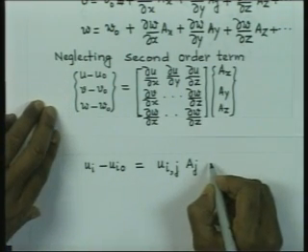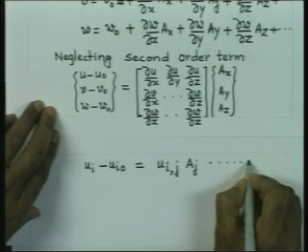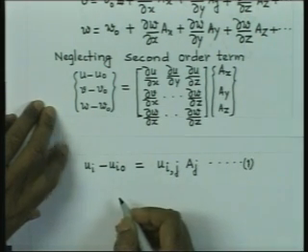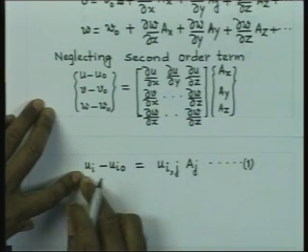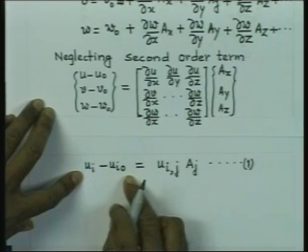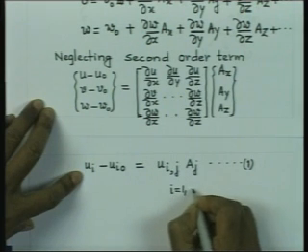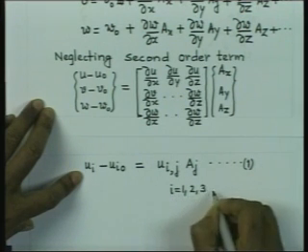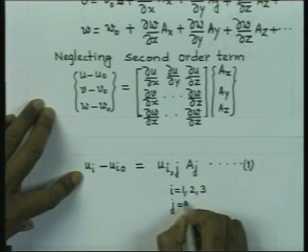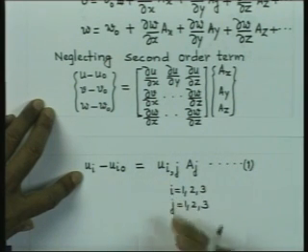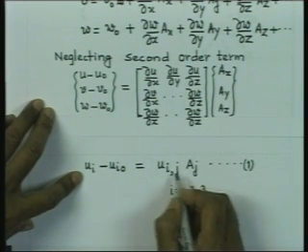So, this relationship, let us indicate by 1. Herein this gives ui minus ui 0. Of course, we have assumed that i is taking up values 1 to 3 and j is also taking up values 1 to 3, and this ui comma j indicates really all the derivatives.